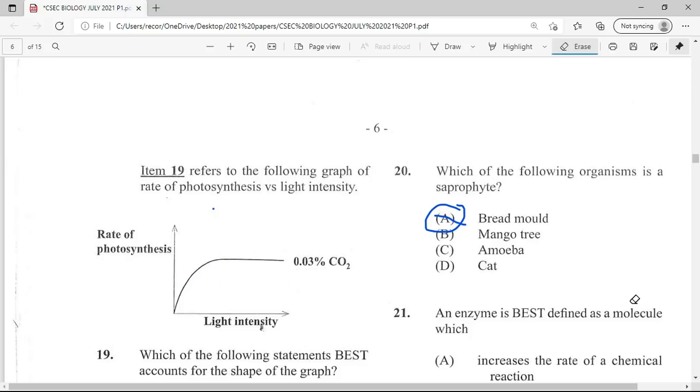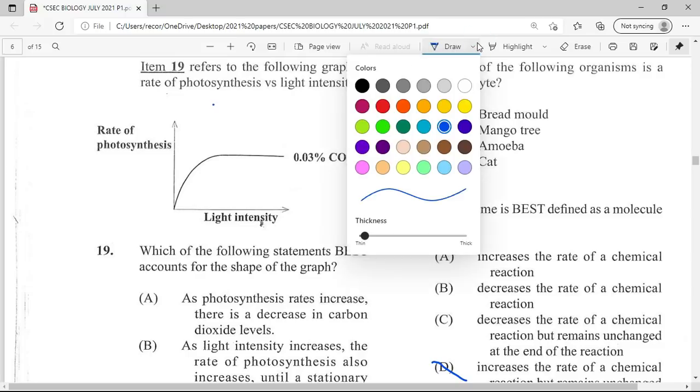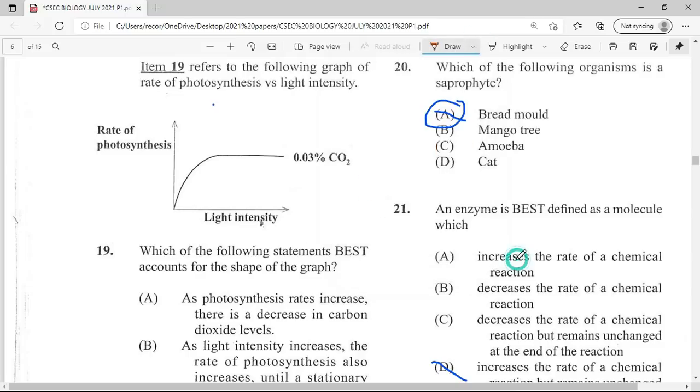And then the last question we're going to look at on this paper for now is item 21. An enzyme is best defined as a molecule which, now you have to pay attention to this, and this question has been repeated so many times, increasing the rate of chemical reaction. Let me be like that student who is in a hurry to finish the paper. They are going to choose this because the truth is, this is correct.